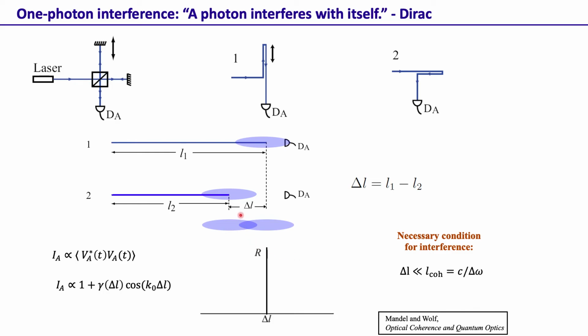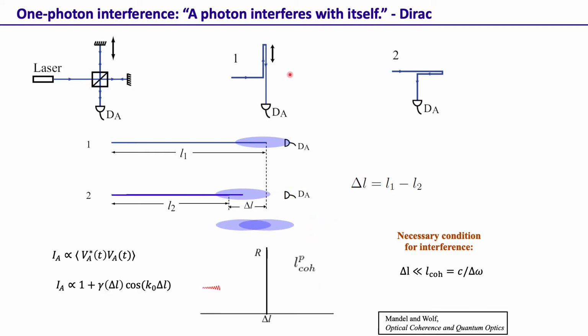And the interference happens when we change delta L. When we change delta L, these two packets overlap, and if the overlap is perfect, we see perfect visibility interference. When the overlap diminishes, we see interference with lesser visibility, or after a while it becomes 0. So this is our intuitive understanding of one particle interference.